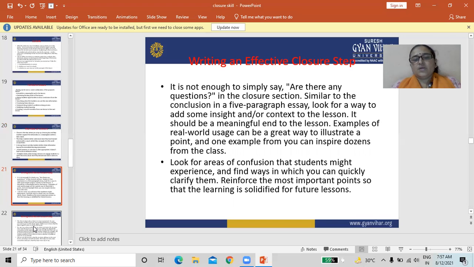Look for areas of confusion that students might experience and find a way in which you can quickly clarify them. Reinforce the most important points so that the learning is solidified for future lessons.